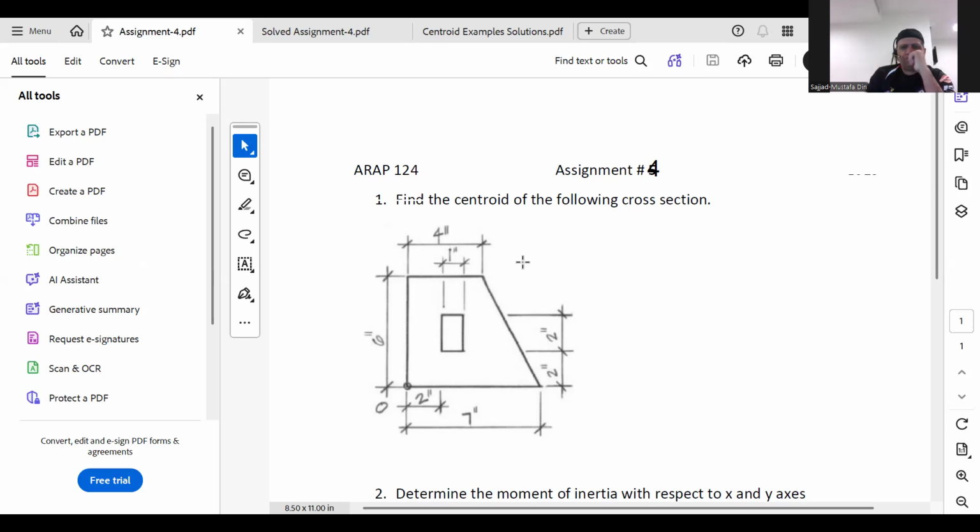So a hint as to how I would do this. I'm going to give you a hint. I would divide this into 3 areas, right? So this is a void. So everything you calculate for this area is going to be a negative. So this will be area 1. This will be area 2.